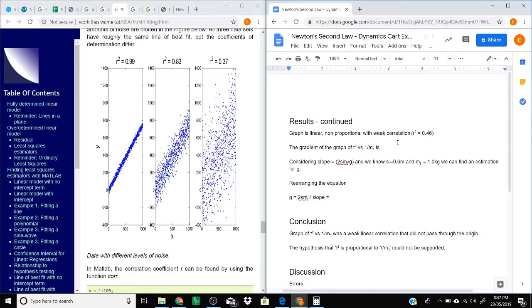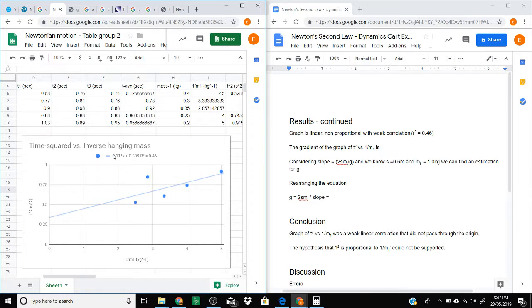All right, the gradient of the graph. Now we're going to go back here. So I used a linear equation in my graph. The linear equation says y, which is t squared, equals slope 0.11 times x, which is 1 on m1, and we'll ignore the y-intercept for now.